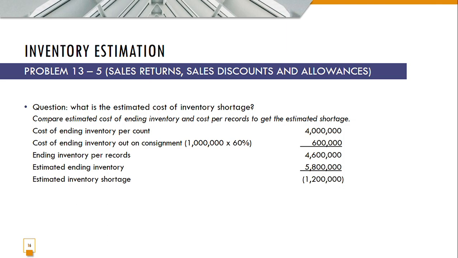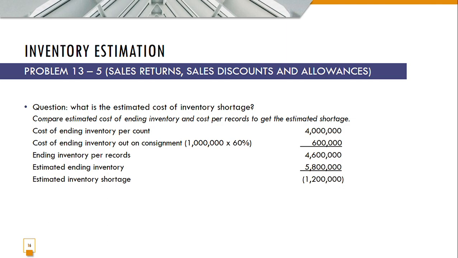You have an estimated ending inventory of 5.8. So there is a shortage, or an estimated shortage of 1.2 M. So that's quite large. So you have to investigate what happened. Is this normal, or is this abnormal for your operations?